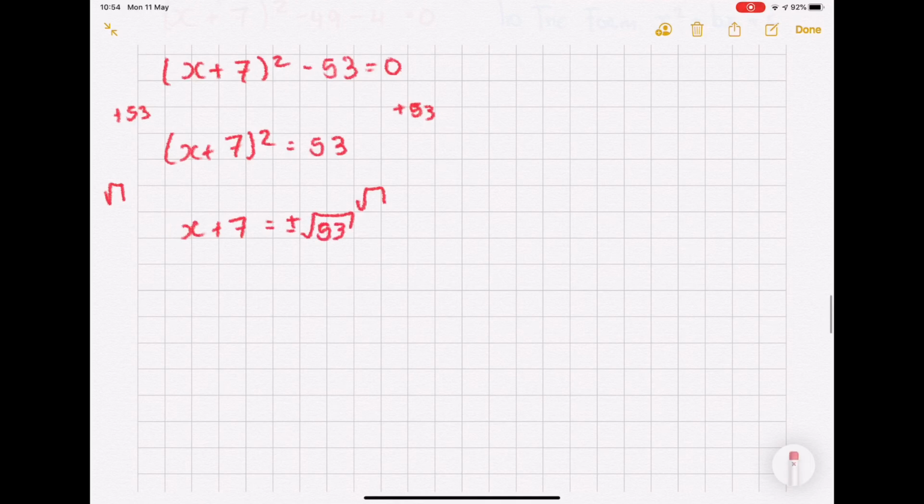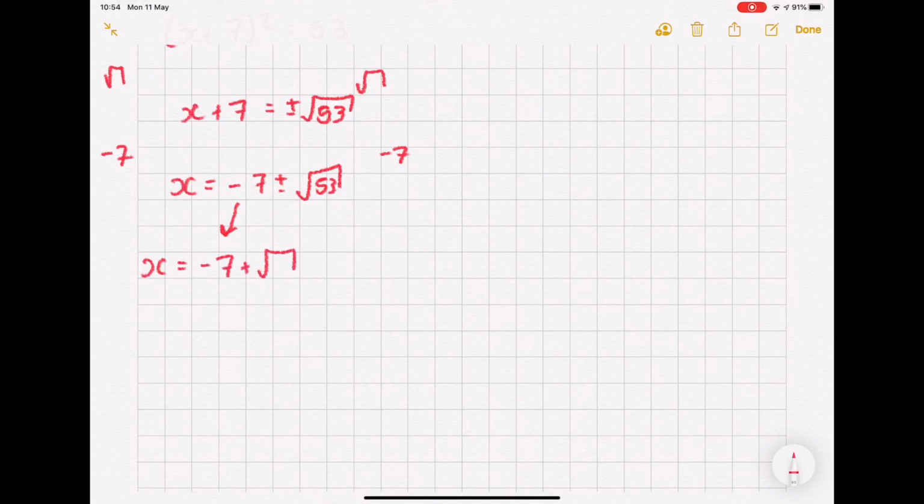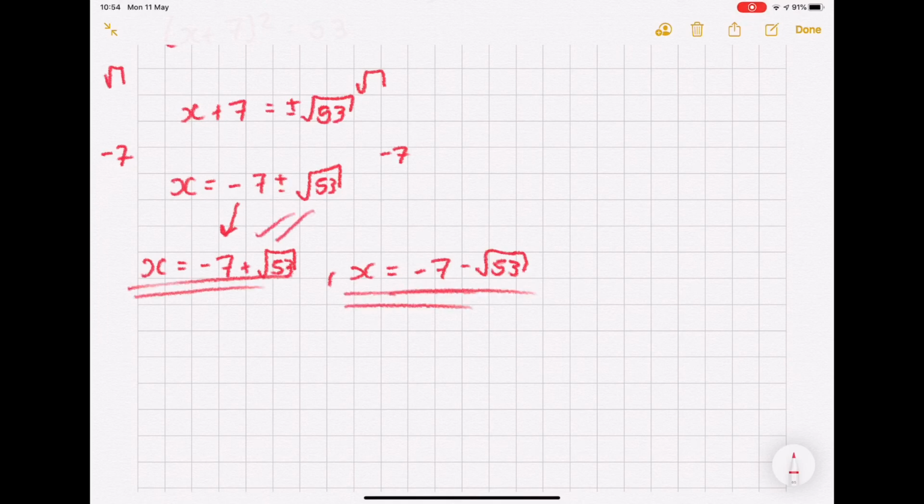Let's subtract 7 from both sides to give us x equals negative 7 plus or minus the square root of 53. So that means we have 2 roots, one where x equals negative 7 plus root 53, and one where x equals negative 7 minus root 53. Okay, so if you've got those, fantastic. Give yourself some ticks. Well done.